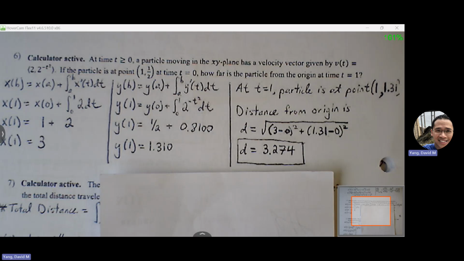Think of it as finding your hypotenuse of your right triangle. A squared plus b squared equals distance squared. Take the square root. Sorry, not 3, 1.2.